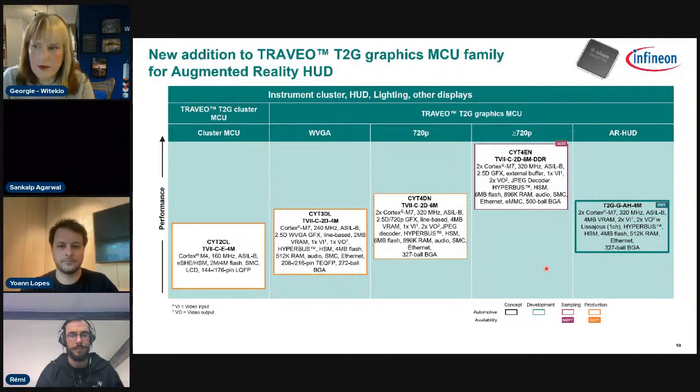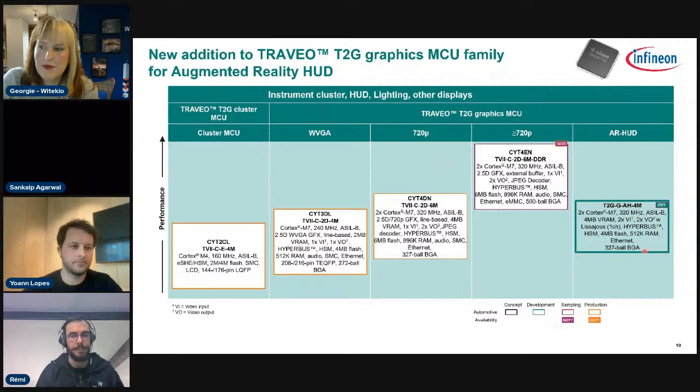So what is the new addition in the Traveo graphics family? The new addition is the Traveo second generation graphics augmented reality for the heads-up displays. This device will again be based on dual core Cortex M7 running up to 320 megahertz. I already mentioned the ASIL-B compliance as per the automotive standards.